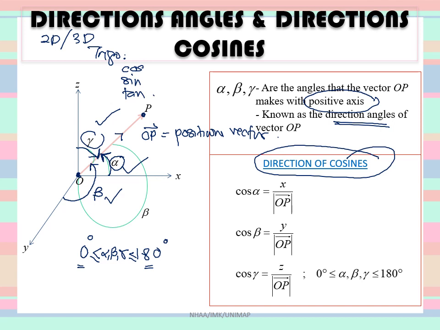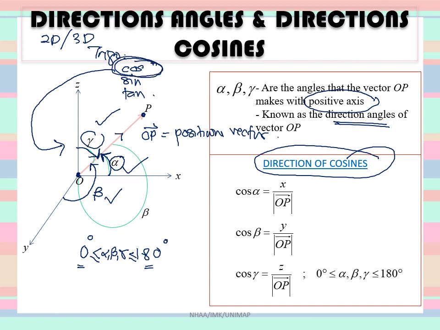Here we will only use the cosine term to calculate the direction angles gamma, beta, and alpha.